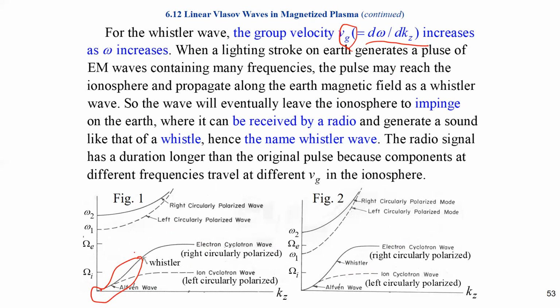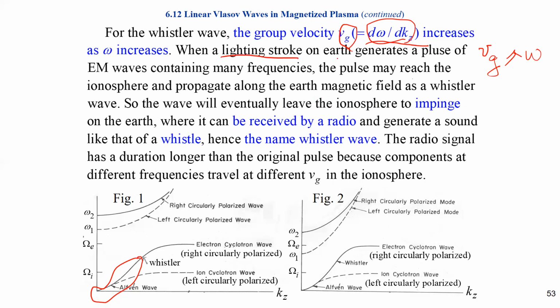Whistler wave. That means Vg is proportional to omega. What is Vg? Vg is omega over kz. That's the group velocity.